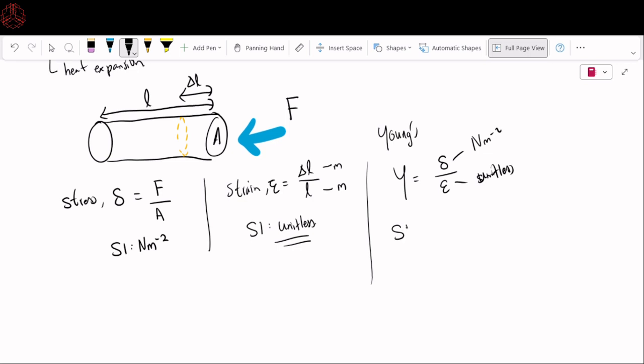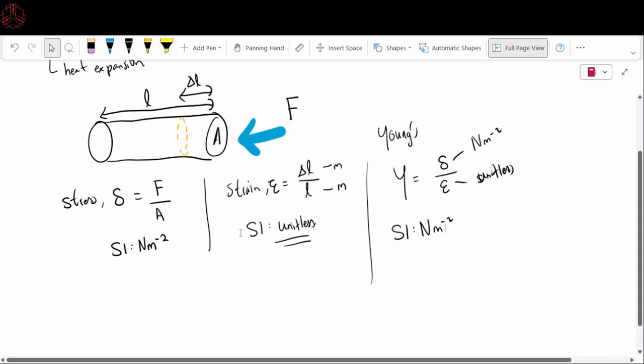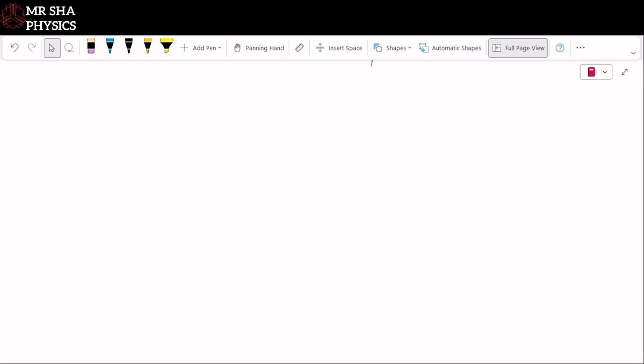So then my Young's modulus will have the SI unit of Newton per meter square. Okay, so that is just for the calculation part, but of course we can extend this to talk about the strain energy. We can apply it onto the stress strain graph or the force elongation graph. But before I talk about that, I'll have to talk about the graphs. So in the next part of this video, we'll talk about graphs.